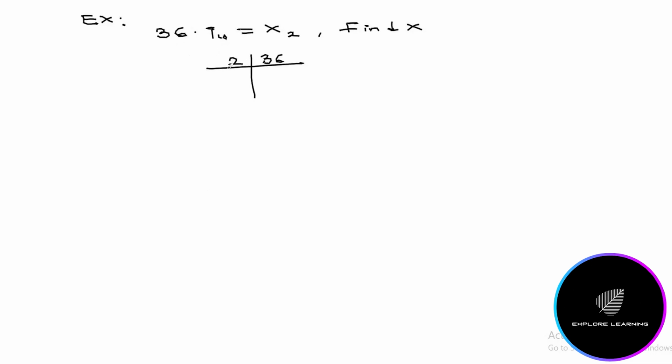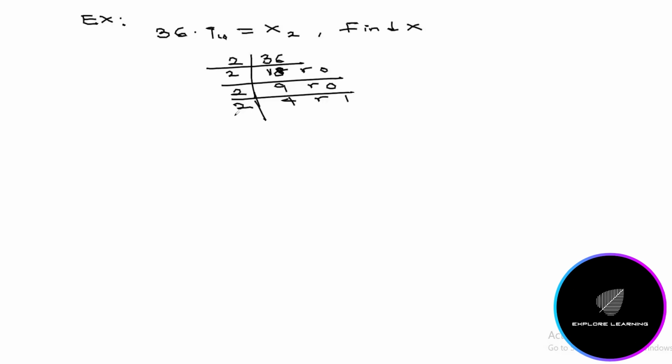So 2 into 36 will be 18, remainder 0. Then 2 into 18, we're going to have 9, remainder 0. Then you have 2 into 9, you have 4, remainder 1.